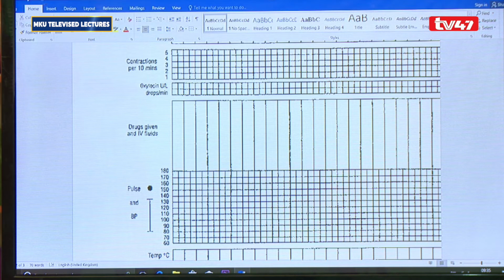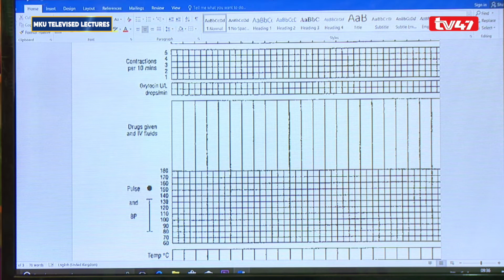Again, when a mother is in the latent stage of labor, the contractions are mild and they are usually fewer. In case the contrary happens, maybe the mother is in latent stage, has just come in labor, and the contractions are 4, lasting maybe over 40 seconds, it means we are having precipitate labor, and we need to slow the rate of that labor using drugs that we call tocolytics.